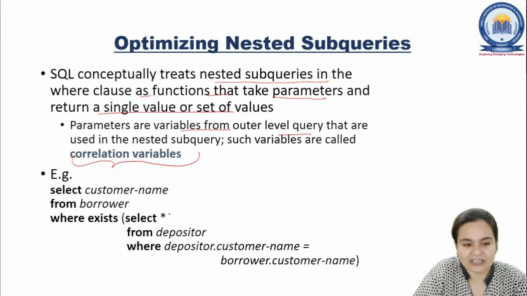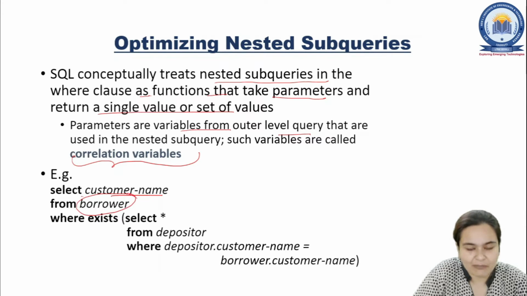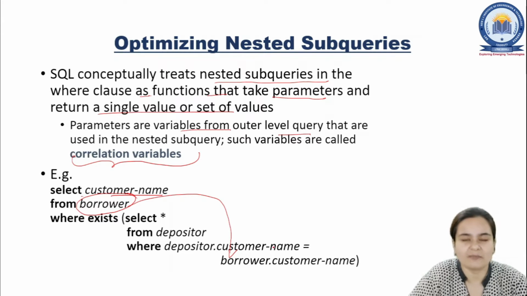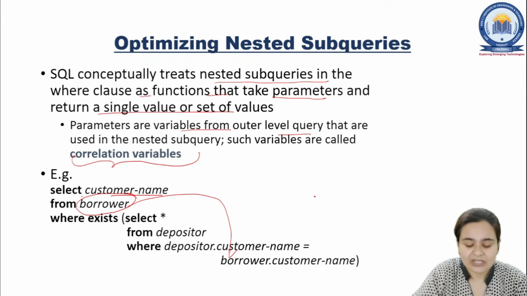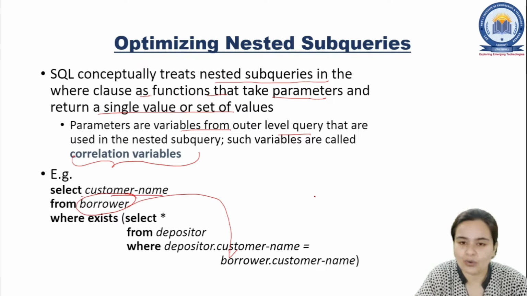You must have seen correlated queries also. In this example, we select customer name from borrower, but we have given the reference to borrower in the inner subquery also. That is why these variables are correlated.